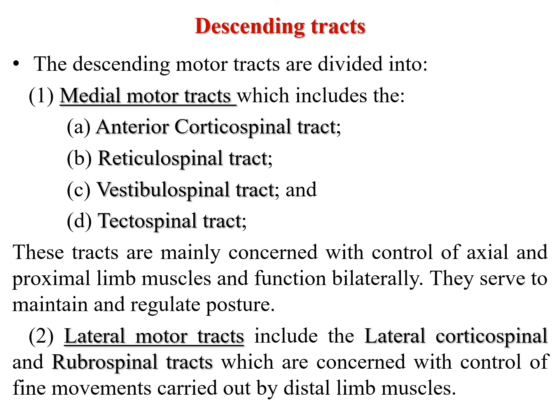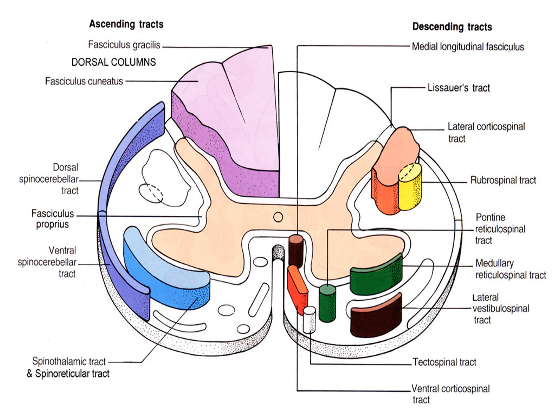This diagram shows a cross section of the spinal cord taken at the level of the cervical segments. In this diagram, you can see that the ascending tracts and the descending tracts have been marked out separately on two sides.